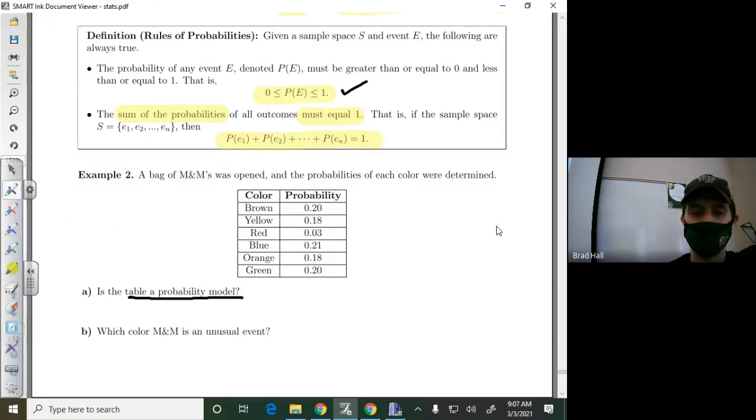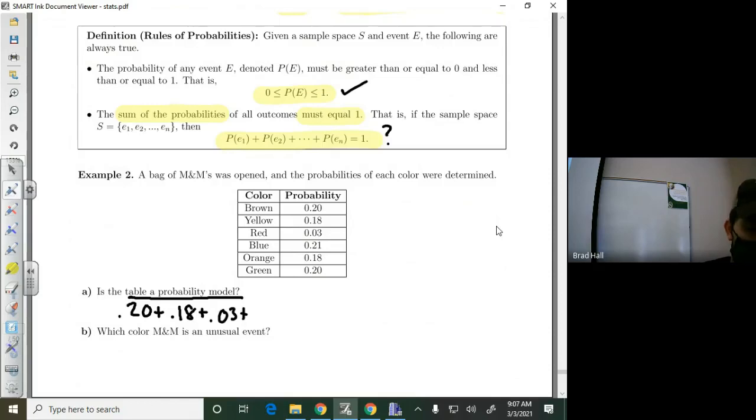All of the probabilities are in between 0 and 1. There's no negative ones, and there's no probabilities greater than 1. So they're recorded just fine. But now the question is, do all the probabilities add up to be 1? 0.20 plus 0.18 plus 0.03, so basically just adding all of them up, plus 0.18 plus 0.20.